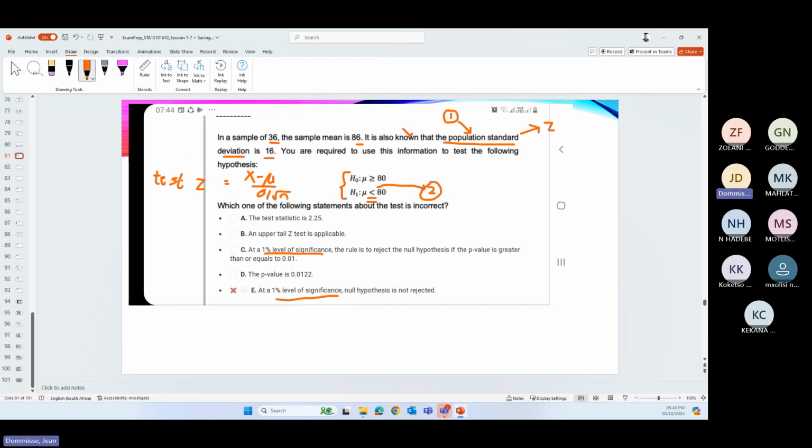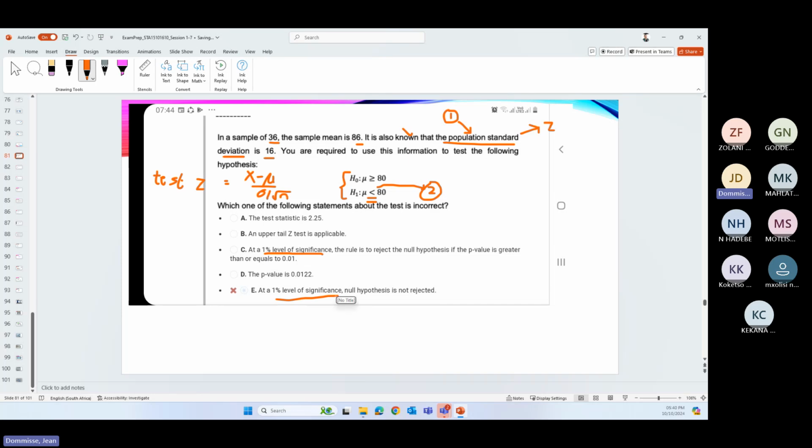So that will give us the test Z, but they don't give us the critical value. So the critical value we can only find out if they tell us the level of significance. Okay, so that's nearly the things that we need to look at.